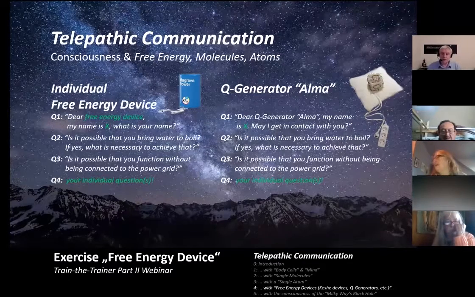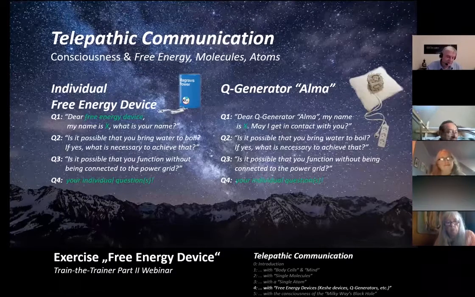So to tell you one example, during a building process of a Q generator, one participant of that workshop had used a copper wire with a black coating, which shouldn't be there on that copper wire. So this workshop participant asked the copper wire during the building process whether that black coating, this small part of that copper wire, would have a negative impact on the final product.